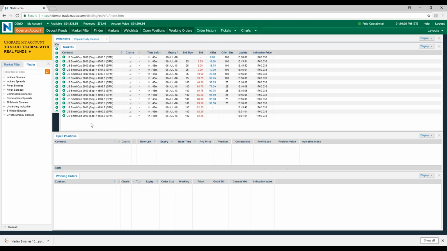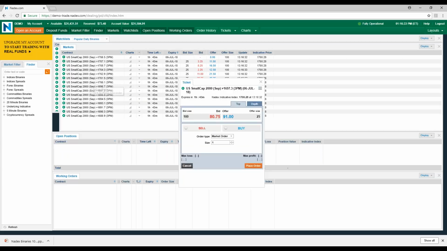It's called a strike ladder because it works its way up like a ladder. But each individual one of these is a different binary option contract. Every binary option contract has a strike price.